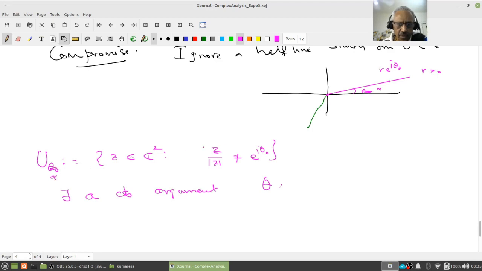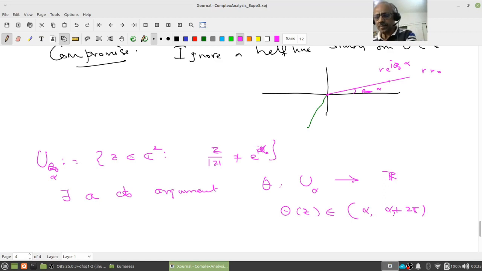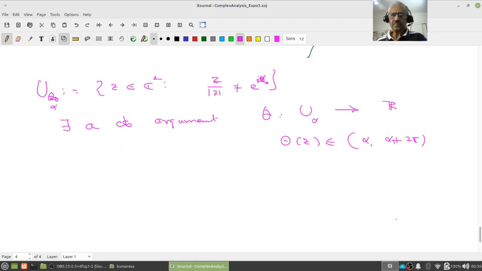So call it U alpha, e power i alpha, and theta from U alpha to R, namely theta of z takes values in alpha to alpha plus 2 pi, or it may be alpha minus pi to alpha plus pi. That means, for every z in U alpha, z is mod z into e power i theta of z. That's it.